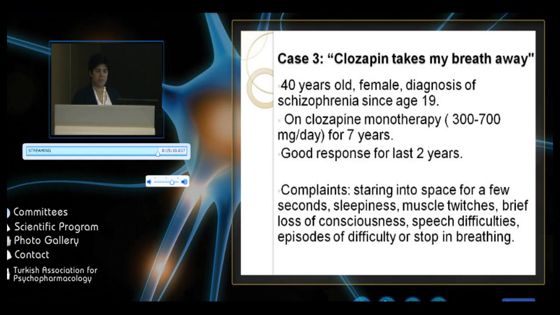Another case about clozapine. This is a 40-year-old female patient who's been on clozapine monotherapy for 7 years, 300 to 700 milligrams. But the family says the patient stares into space for a few seconds, sleepiness, muscle twitches, brief loss of consciousness, speech difficulties, and difficulty in breathing.